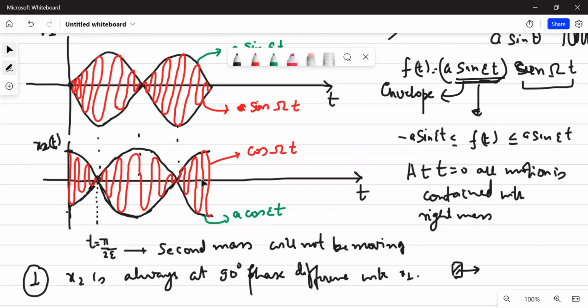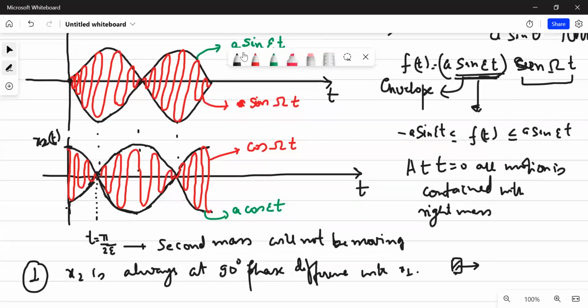So this is a kind of pattern you may see, and I can write it down.